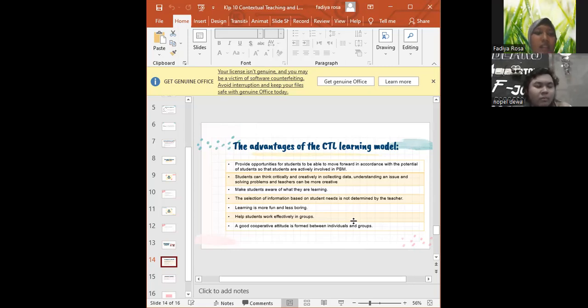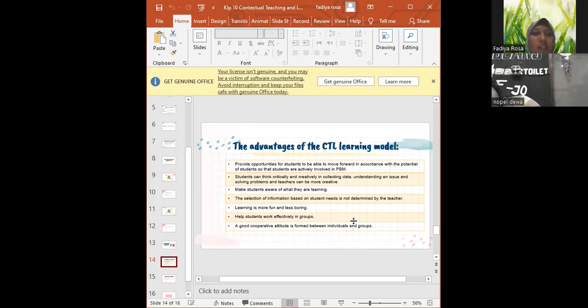And the next is that the selection of information based on student needs is not determined by the teacher. It means that what the student wants to know, the teacher must include it.